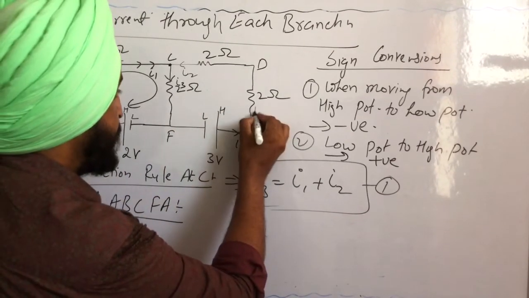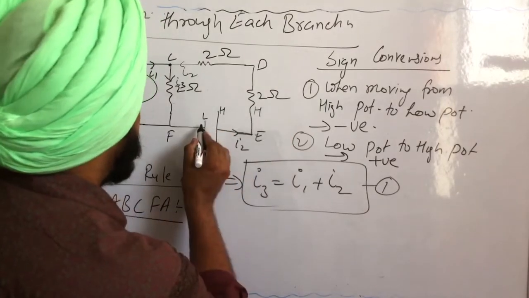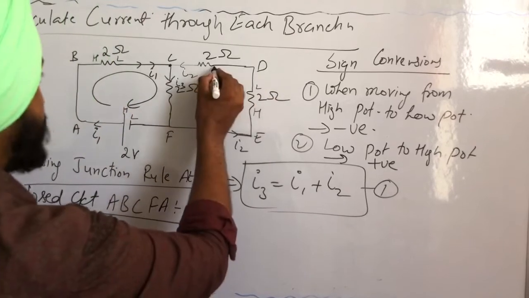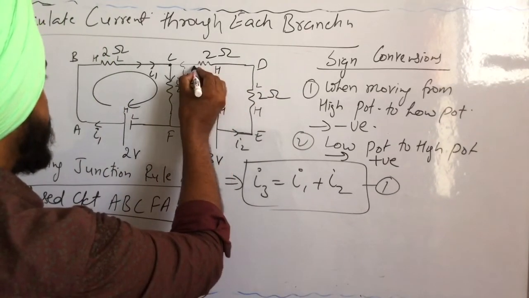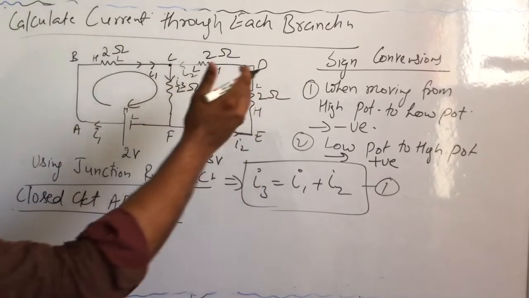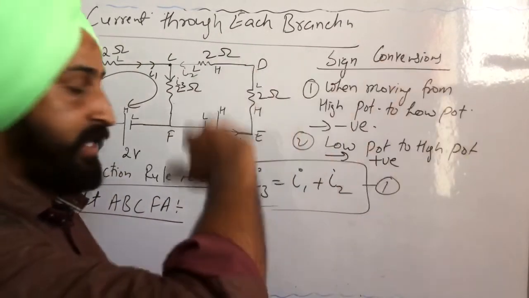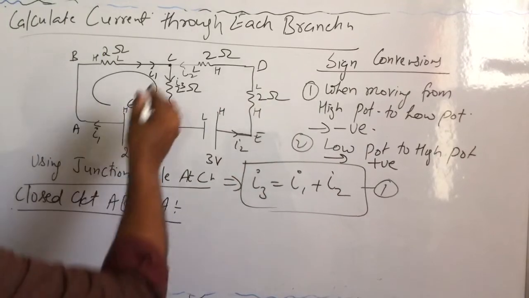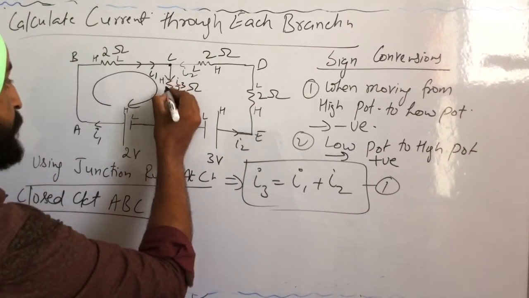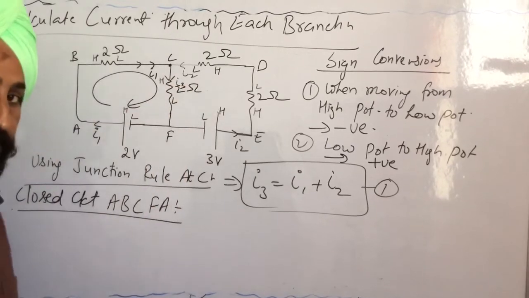So here this will be at higher potential, and this side will be at lower potential. Similarly, this side will be at higher potential, this side at lower potential, because current always flows from positive to negative, or high potential to low potential. Similarly, in CF, current is moving in the downward direction. That means here you have high potential and here you have low potential.